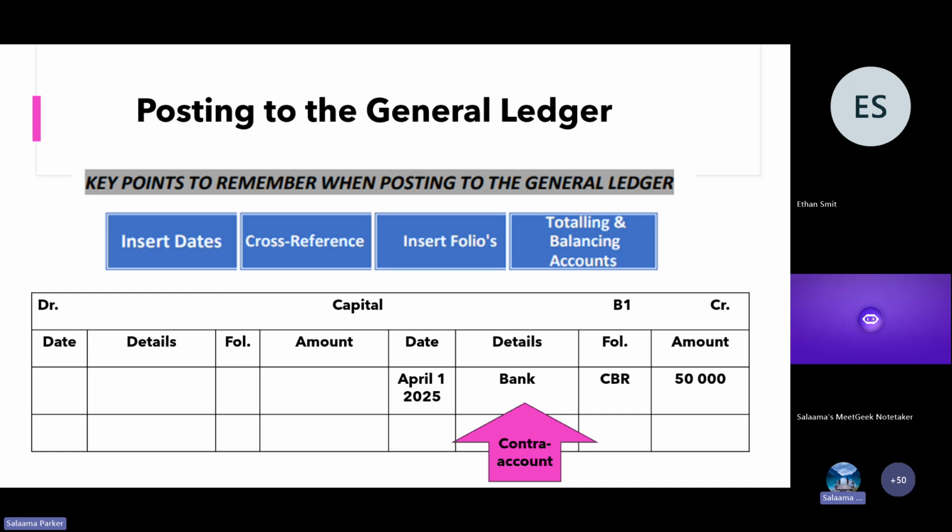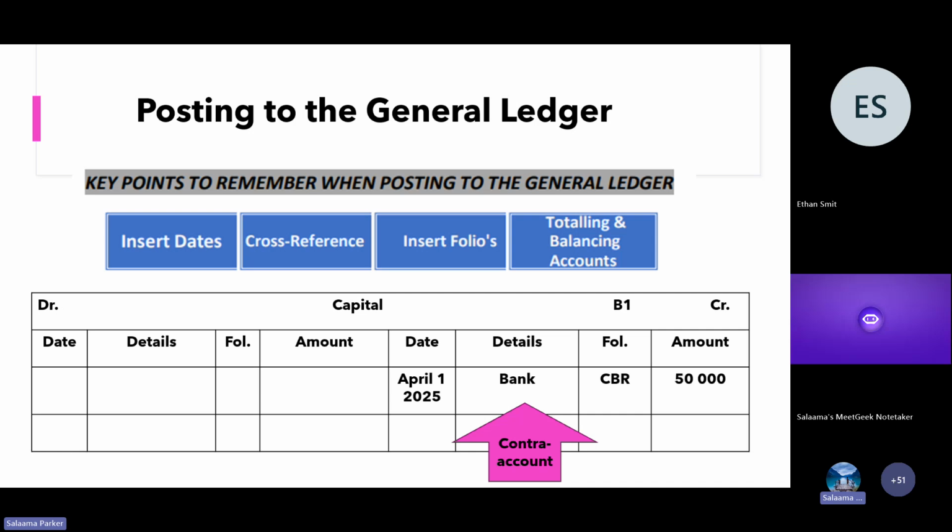Okay, so here we were posting from the cash book receipts. We were posting the capital amount, and we know that the double entry was debit the bank, credit capital. So capital had to be recorded on the credit side, and our contra account is the other account, and in this case our other account was bank.